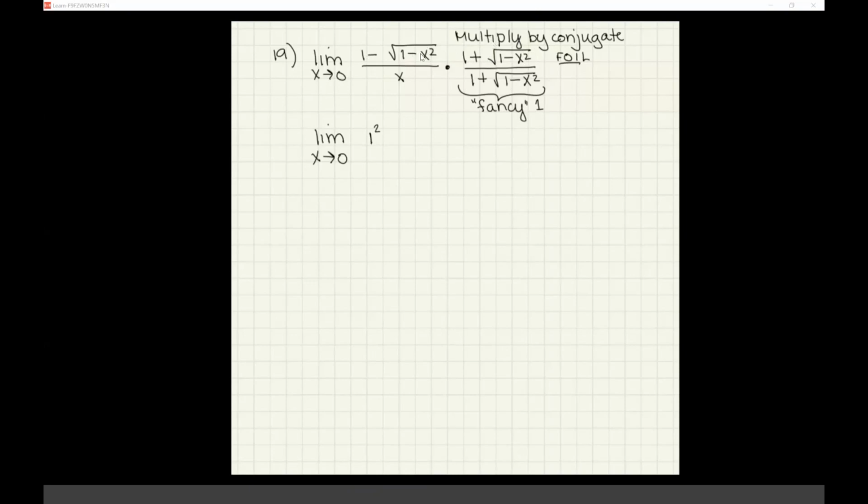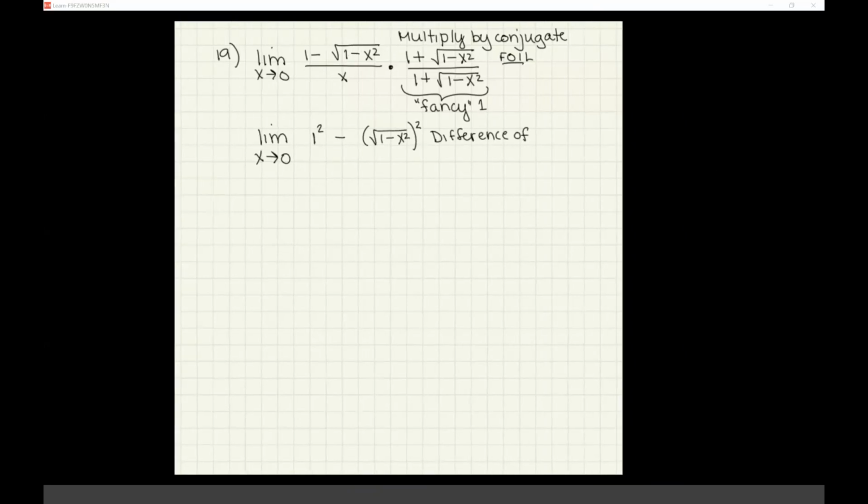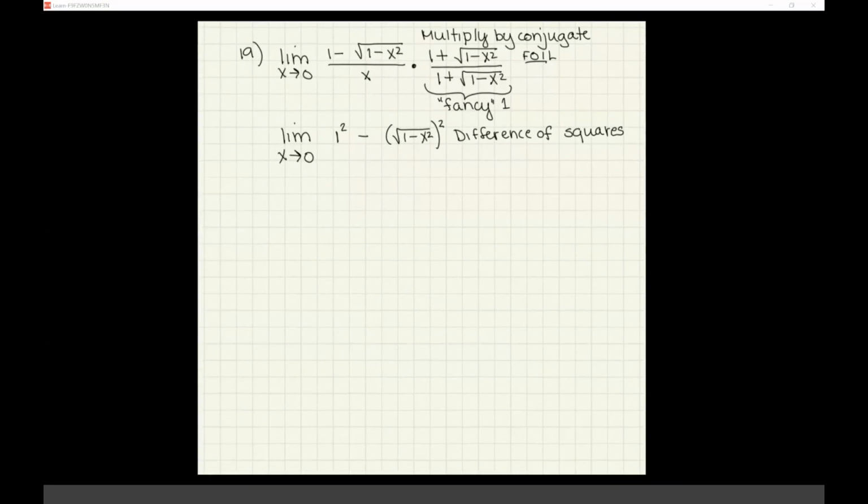Since this is a difference of two squares, I'm going to take my last term and square it. The last term is the square root of 1 minus x squared, square it. And since this is plus and that's minus, I get a difference of squares here. If you're lost at this point, your problem isn't calculus, your problem is algebra.